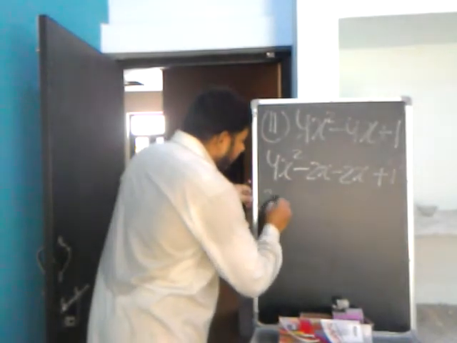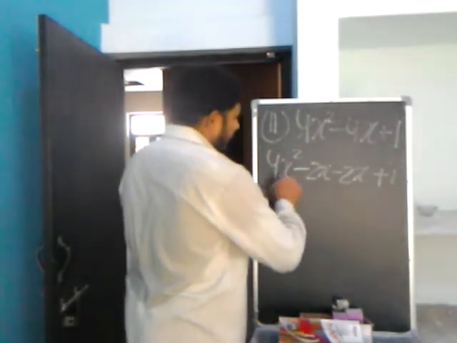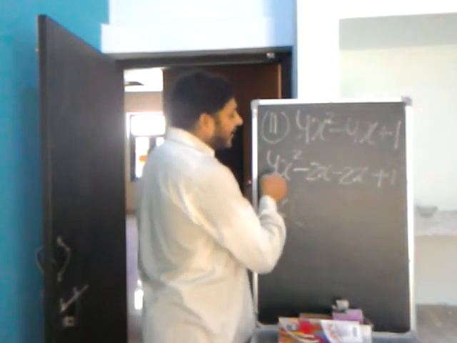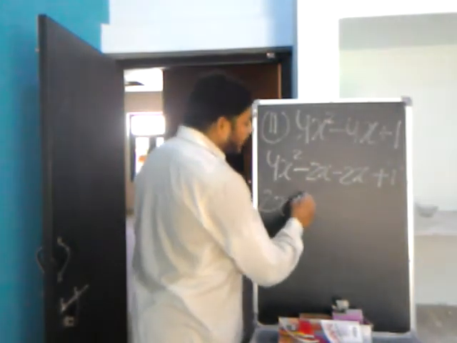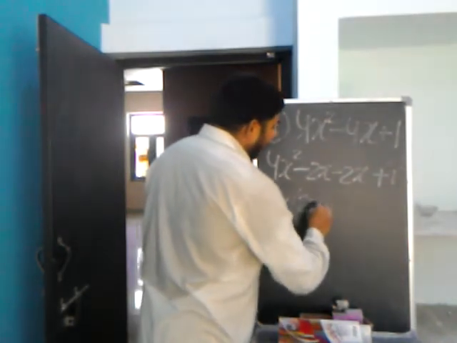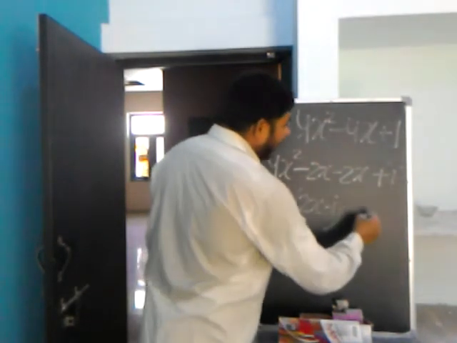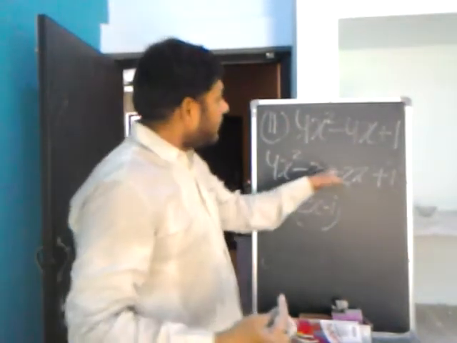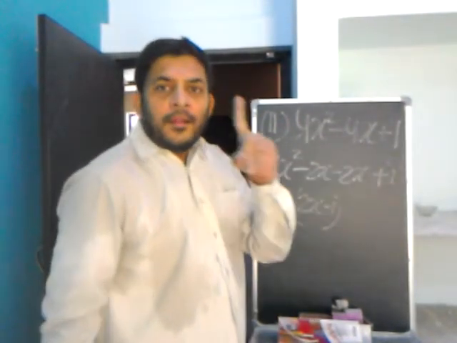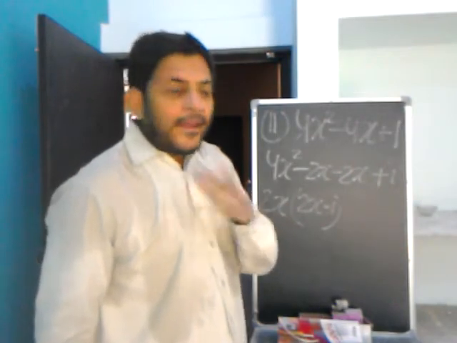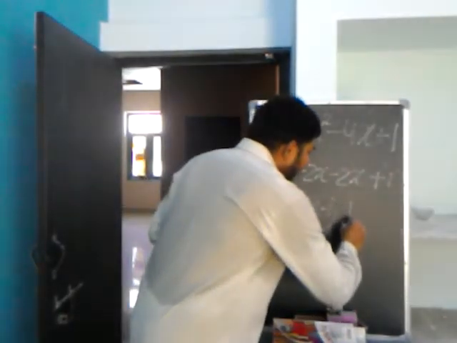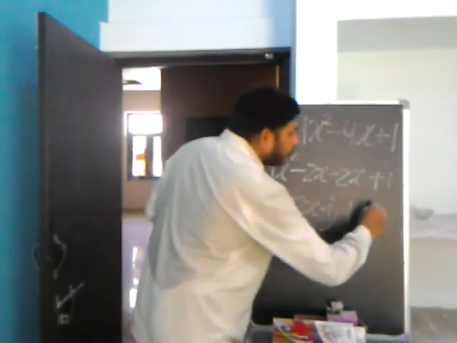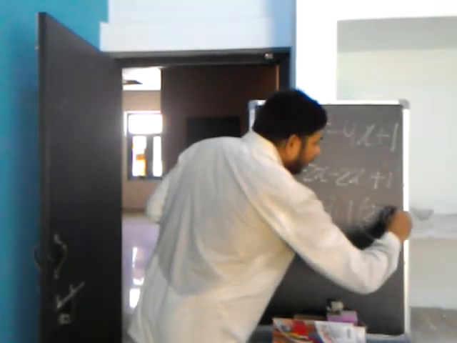I will take 2x as common from these two. X is the lowest power, and 2 is the lowest factor. We can divide both of these. So 2x minus 1. From here, 2x and 1, I can take 1 only, because if there is nothing in common, we can always take 1 as common. But since this is 2x minus 1, it should be 2x minus 1 only.